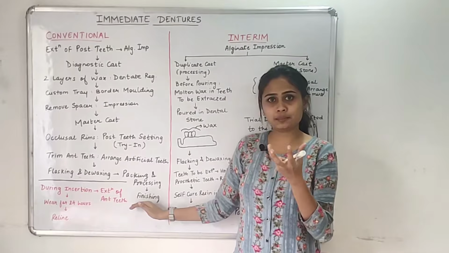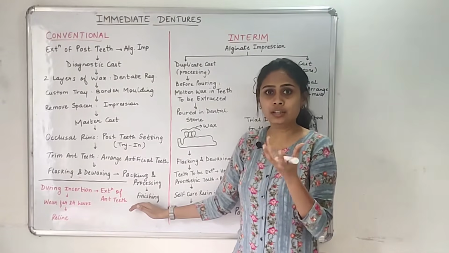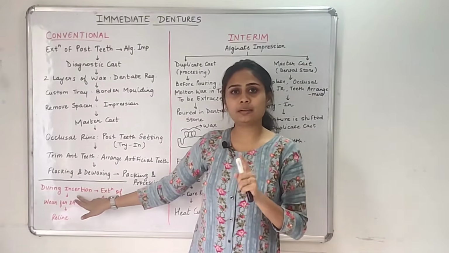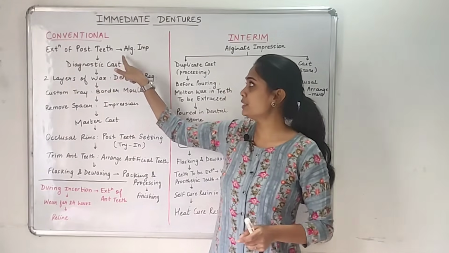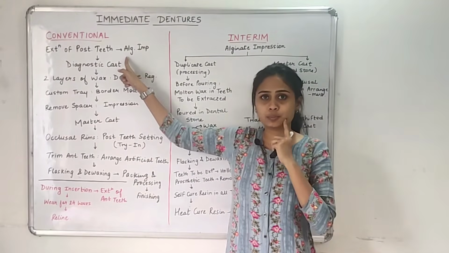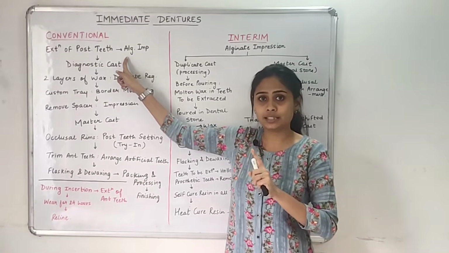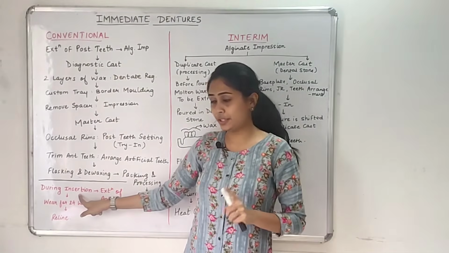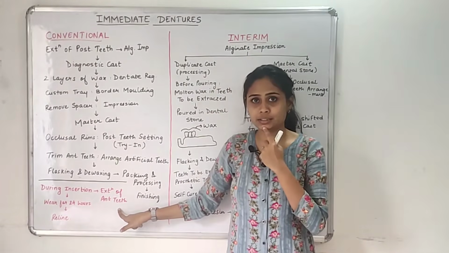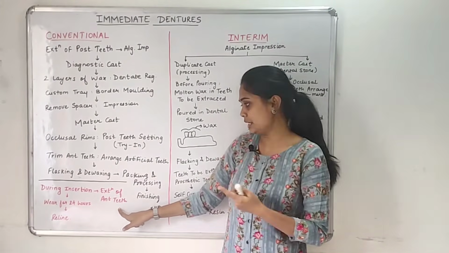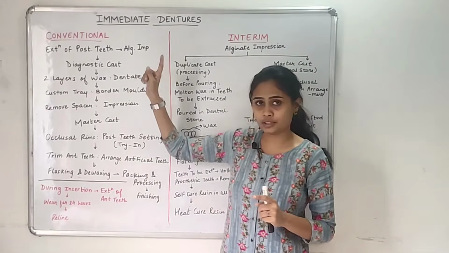After we have this unit in our hand, that is our denture, at the time of insertion, when the patient comes again, remember that in the first appointment you had just extracted the posterior teeth and the anterior teeth were still there. So when the patient comes again next time, you have to extract the anterior teeth, because you haven't extracted them in the first appointment.